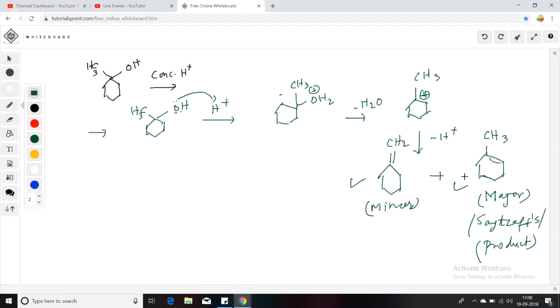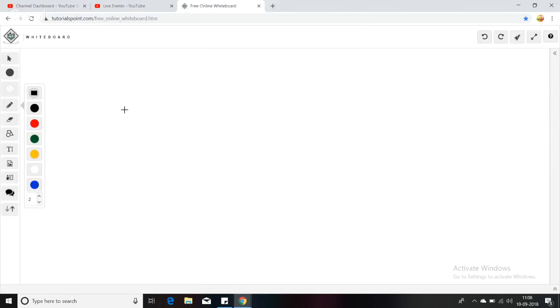One more reaction you see on this. Suppose I give you the reaction for this one, with CH3 here and OH here, and concentrated H plus.